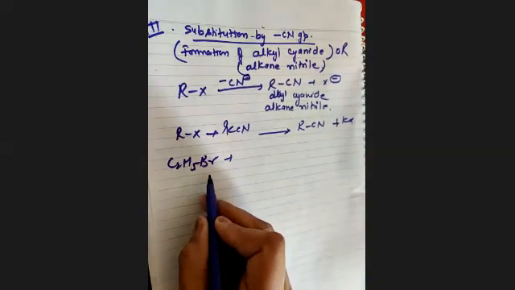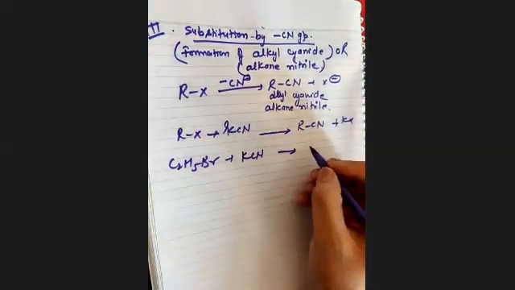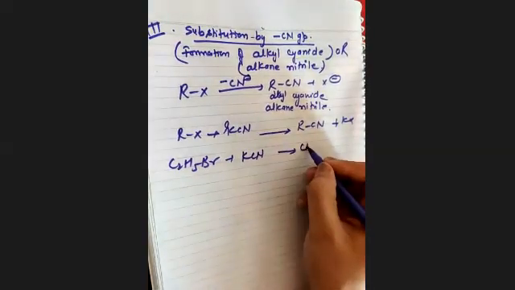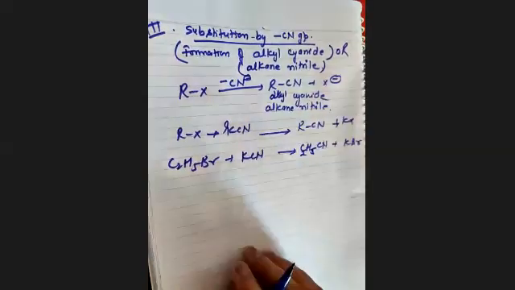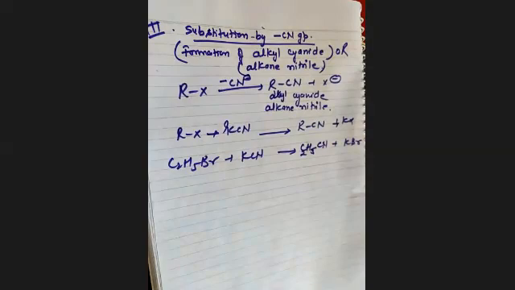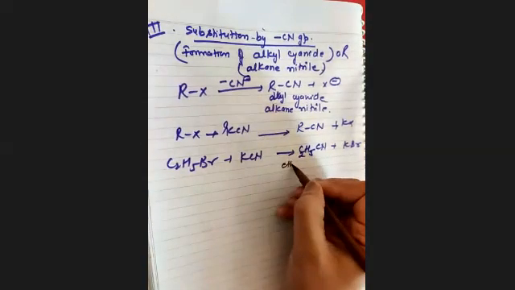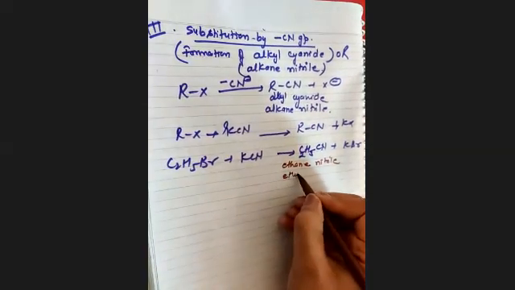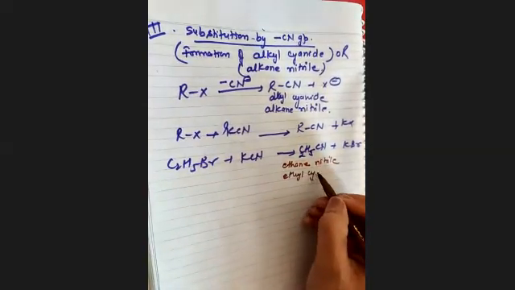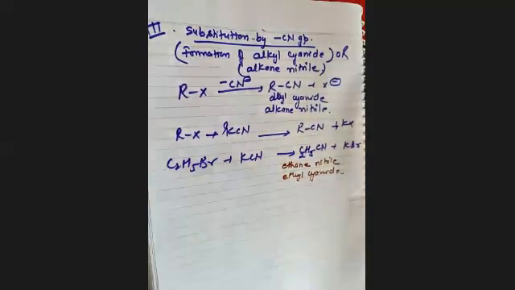This is your alkyl halide, and along with this, KCN forms C2H5CN plus KBr. This is known as what? Ethane nitrile and ethyl cyanide. Clear? The nomenclature is ethane nitrile and ethyl cyanide.